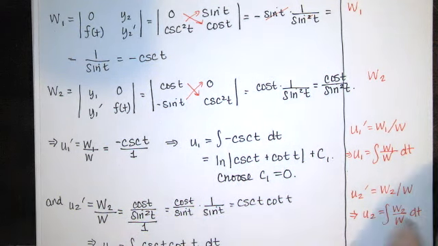Okay, so we've got u1 and u2, and that's enough to help us write down our y sub p. It's u1 y1 plus u2 y2, and u1 was this logarithmic function. And we want to multiply by y1.